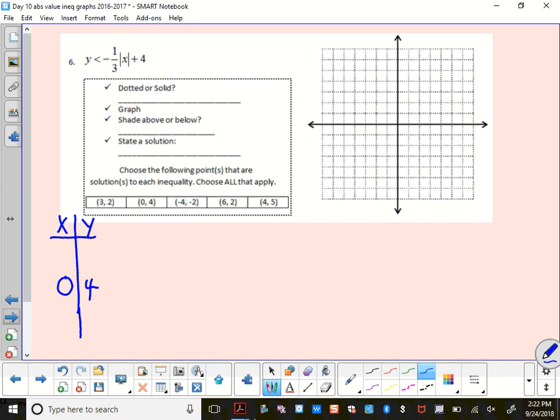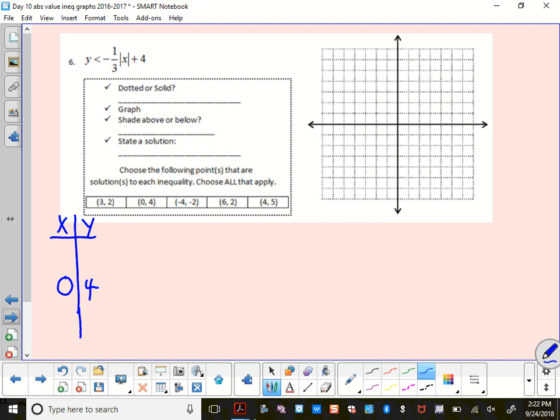Alright, and your calculators. You're going to put your -1/3 in the parentheses. We have x, we have +4. I'm going to skip over the ones with decimals.